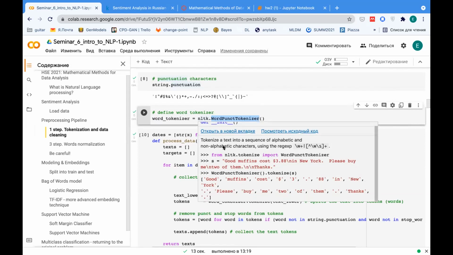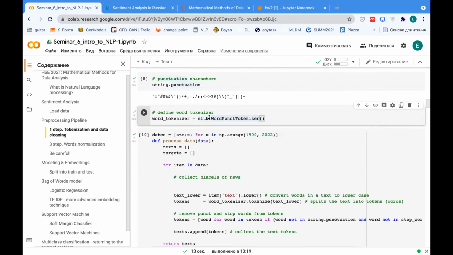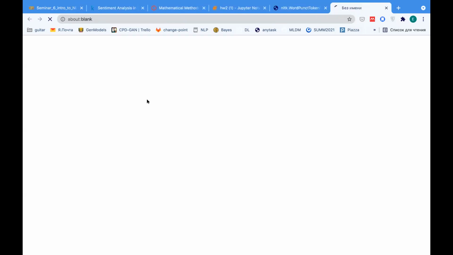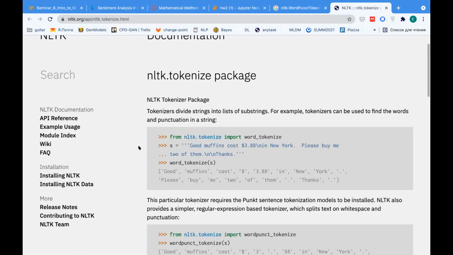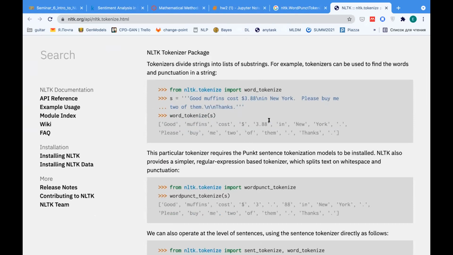So we can split also to numbers. Let's see it in documentation, I guess. So some tokenizers in NLTK can split only to words, and some can split also to different types of words and also to characters, like here.